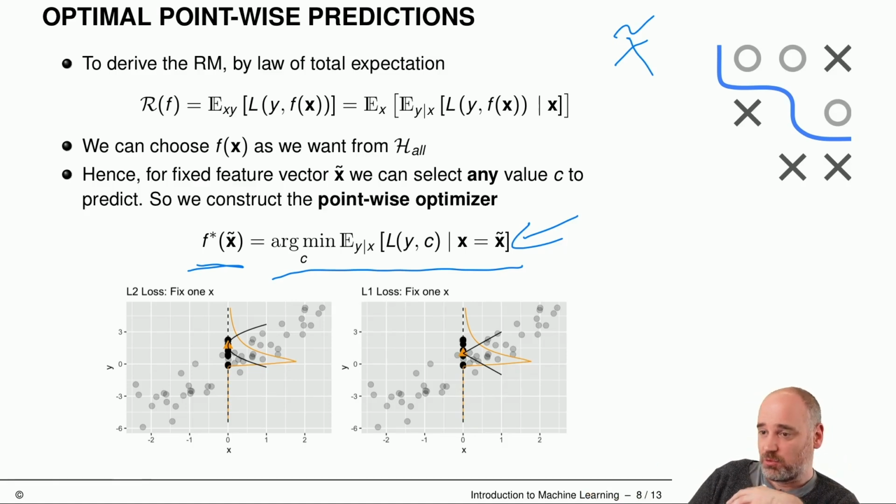Which means we now have some, still somewhat theoretical, handle on what our population minimizer actually looks like. Later on we're going to dive into this more deeply once we specify which loss function we're using, and we can construct concrete formulas for such an optimal pointwise prediction. We'll see that in quite a few of the upcoming sessions.